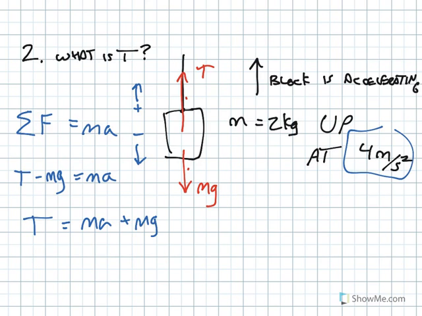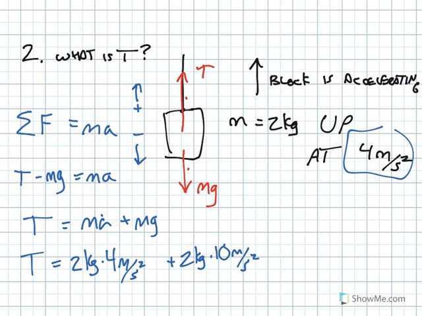And there you go. Now let's put in the values for these. So the tension in that string is 2 kilograms times 4 meters per second squared plus 2 kilograms times 10 meters per second squared.